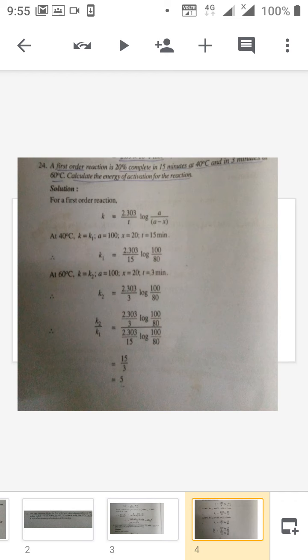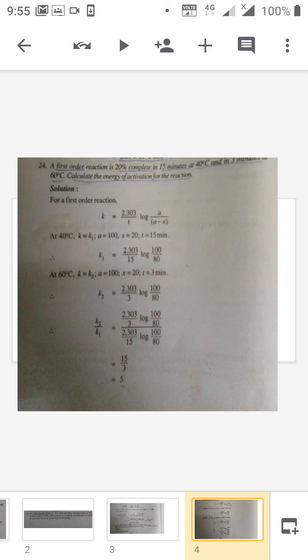So we have to find out the values of K1 and K2, and then substitute in the Arrhenius equation. For finding K1 and K2, first of all we write the rate constant for the first order reaction: K is equal to 2.303 divided by t into log A by A minus X. The times t1 and t2 are given.